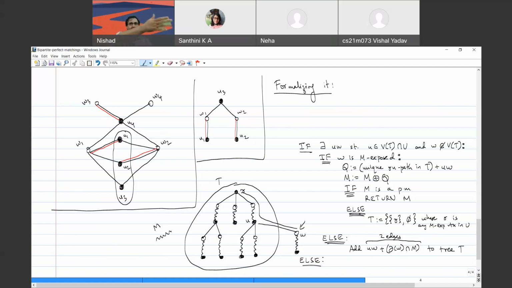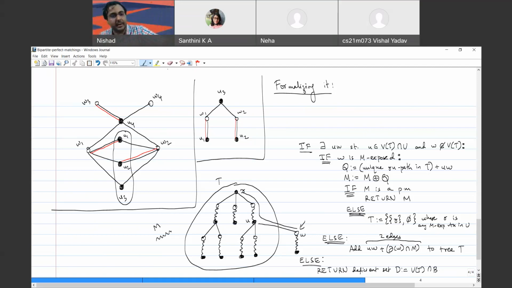Right, then we should have a deficient set, right? Okay, so in this case, we want to return the deficient set. And what is the deficient set going to be? All the black vertices of the tree, right? Exactly. So we are going to return the deficient set D, which is the tree intersect all the black vertices.